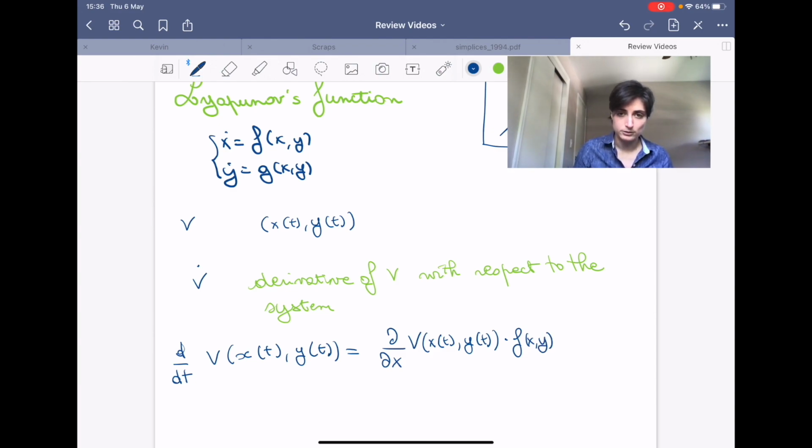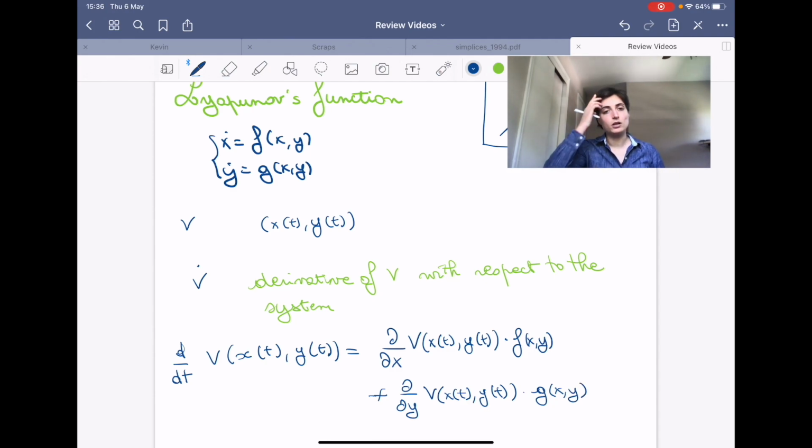And in a similar way, you have the derivative with respect to y of v computed at x(t), y(t) times g(x,y). Now these are all things we can compute. We can compute the partial derivatives of v, and we know f and g. So we can compute v dot.